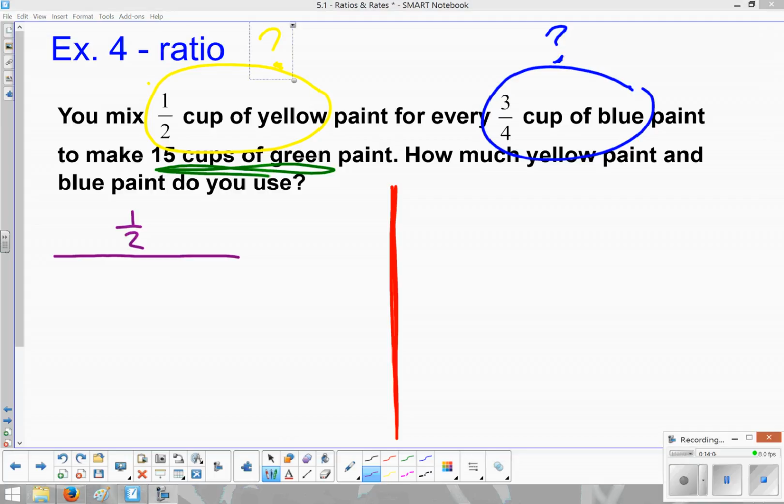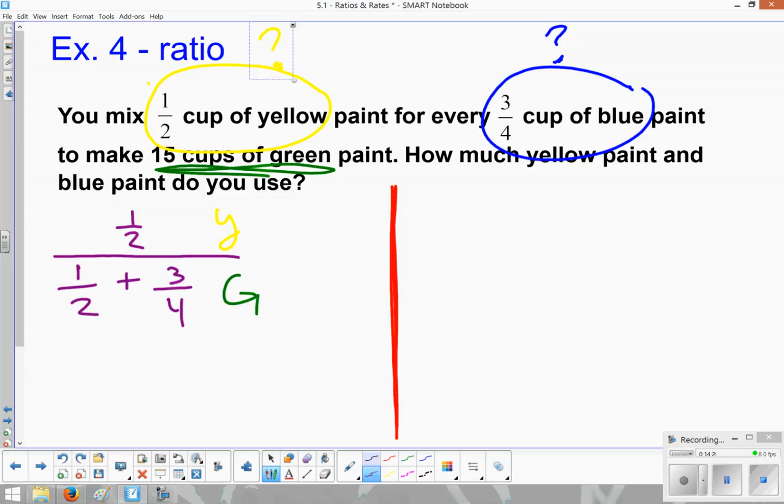So for half a cup of yellow, to make green, you will have to use a half a cup of yellow plus blue to get the green. So this part on top is the yellow, but the bottom part is the green. This is how much of yellow you use to get this much of green.